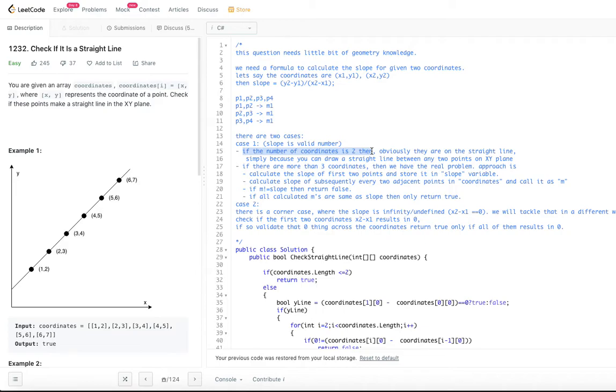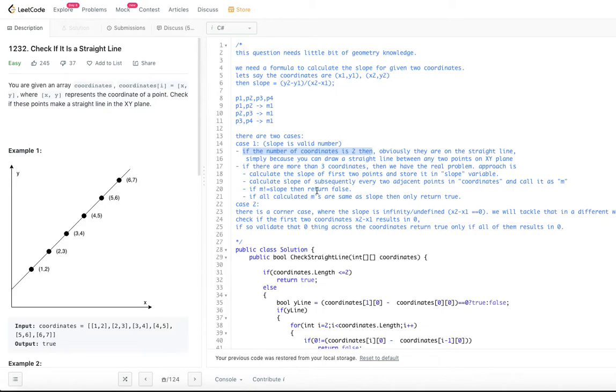In that case, we are going to return true, because any 2 points we can connect through a straight line on an xy plane. It doesn't matter where they are lying, right? Any 2 points on an xy plane we can connect with a straight line. That's why if the number of coordinates is 2, we simply return true. It doesn't matter where they are, right?